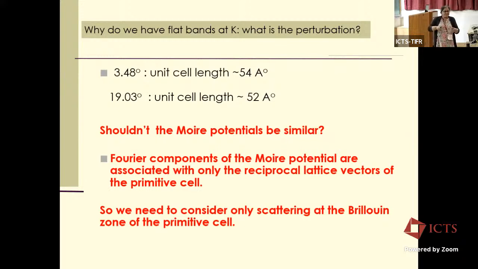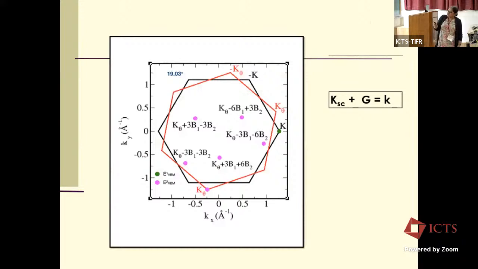Okay, so which means that, think of it this way, you have your untwisted limit Brillouin zone, and your scattering happens at the Brillouin zone of your untwisted limit. It's not the small Moire cell Brillouin zones where the scattering is happening. So let's take the example of 19.03.